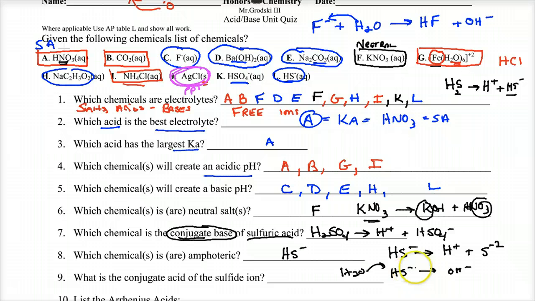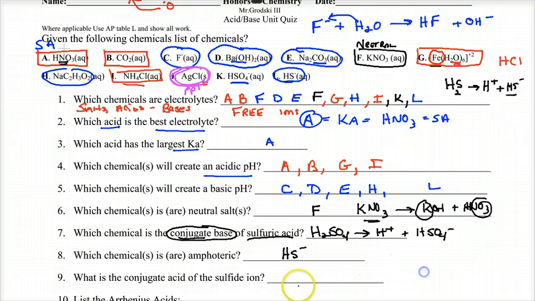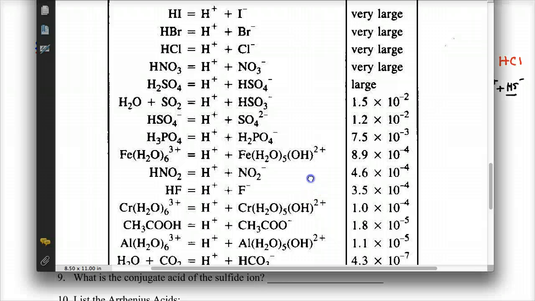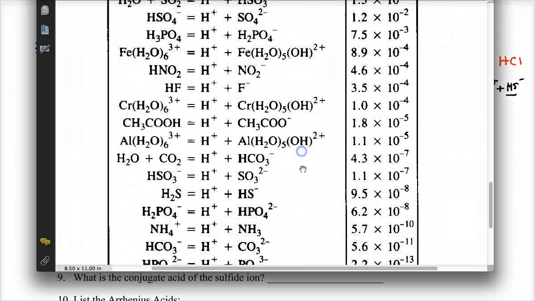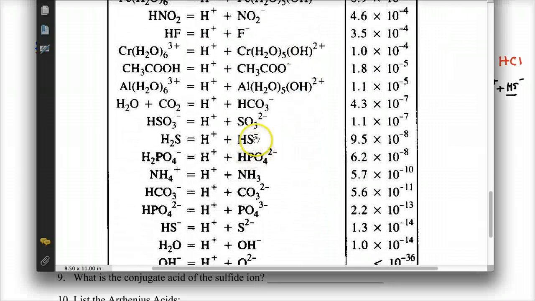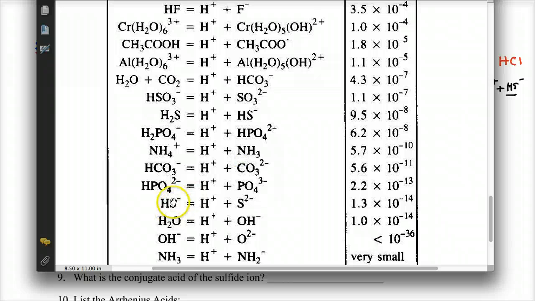So how do I know that? Well, the best way to answer that is to look at your table L and see that HS is on both sides. You see that HS negative is the conjugate base of hydrosulfuric acid, and you also see that HS can act as an acid.